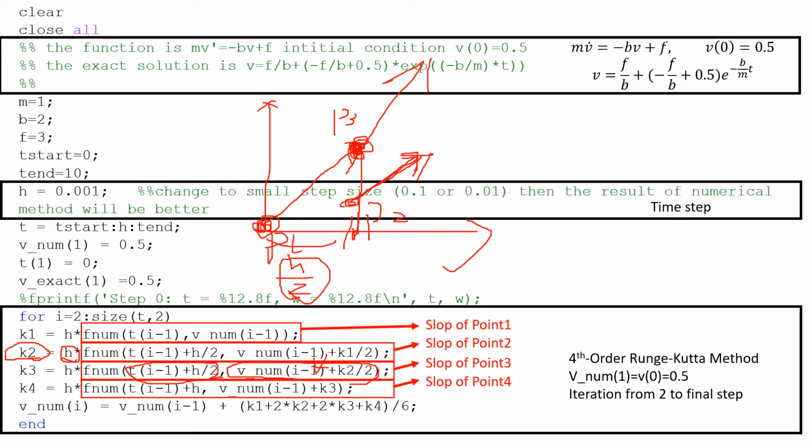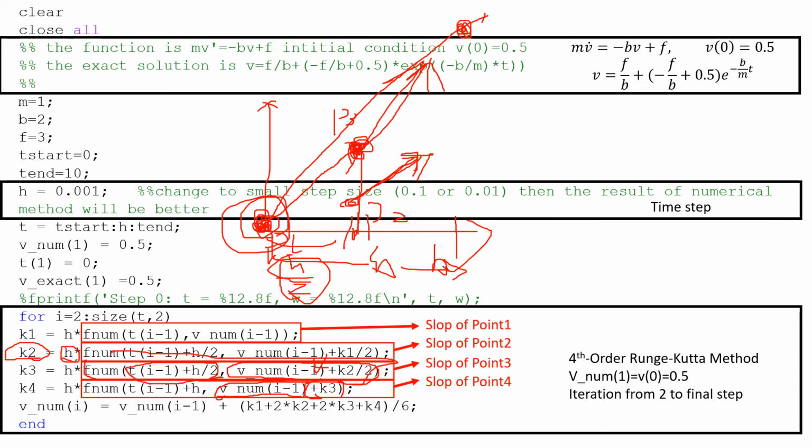So after I get P3, I also start from the previous point. Use this to estimate what will be this point after the time interval. The time interval is h. So this point will be, I use the previous point, V numerical i minus 1, plus the slope multiply the duration. K3 is the slope of point 3, multiply the time duration h.